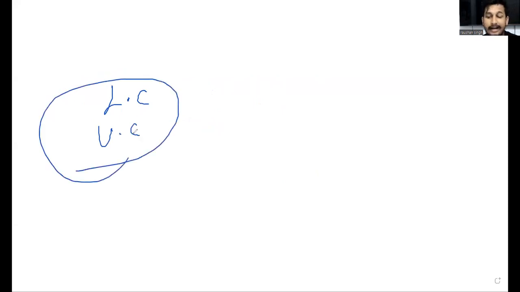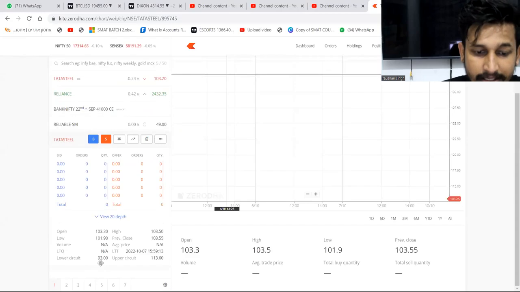The range is basically the lower circuit and upper circuit, and for all stocks they are always fixed. Means you'll see lower circuit is 93, upper circuit is 130, so you can place an order above 93 and below 130.